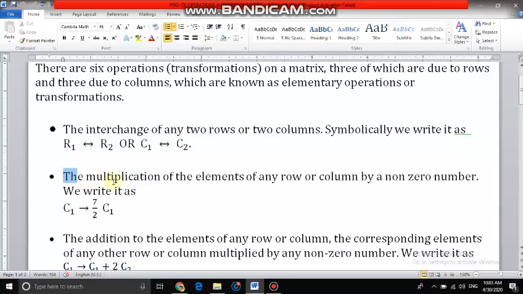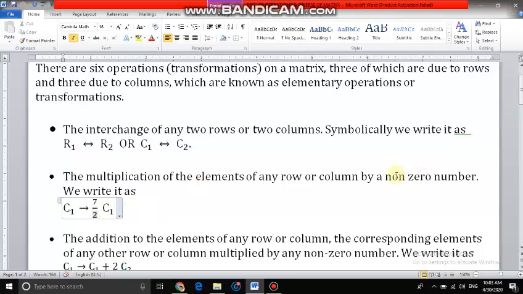The second thing is multiplication of the elements of any row or column by a non-zero number. That means C1 is multiplied by 7 by 2, so the new matrix will get a column that is 7 by 2 times the first column of the given matrix. We already saw that in the example. Any column or row can be multiplied with any non-zero constant.